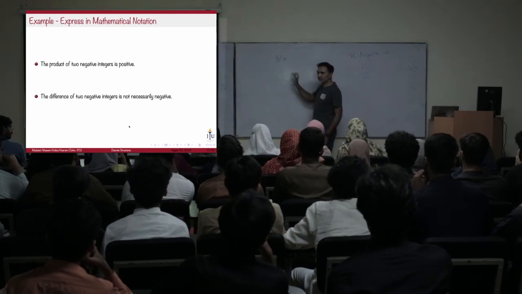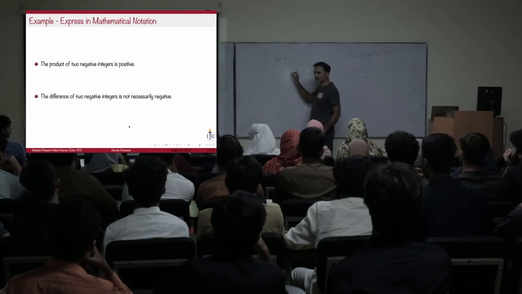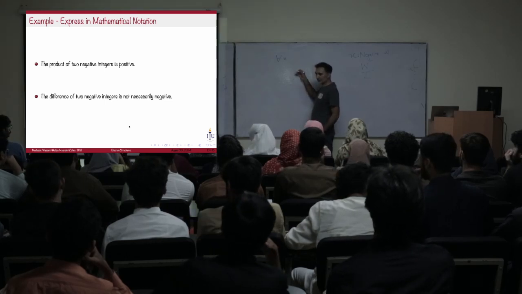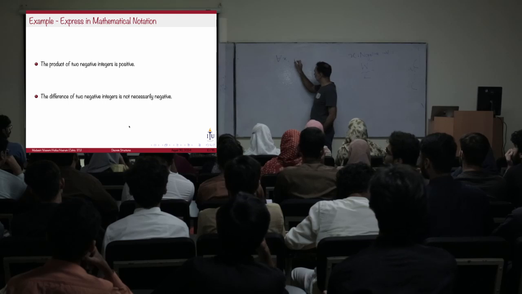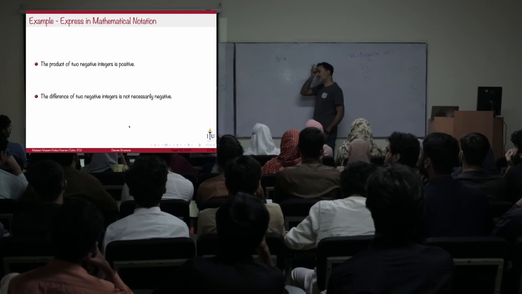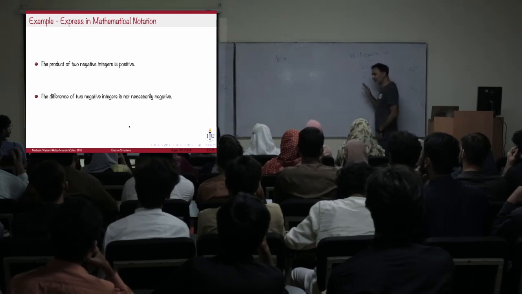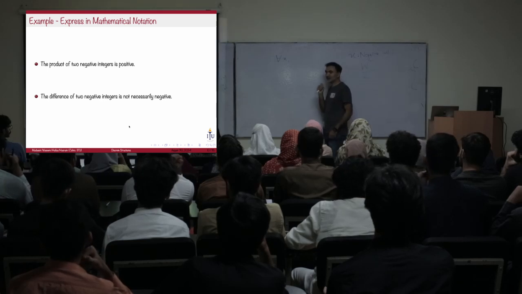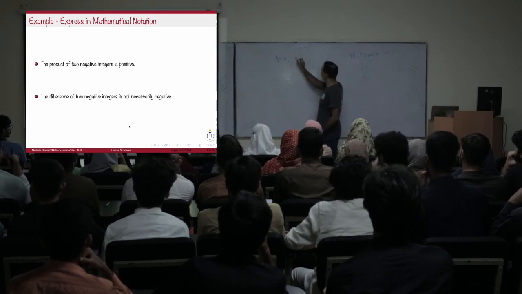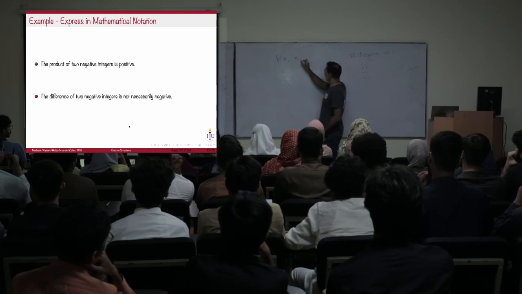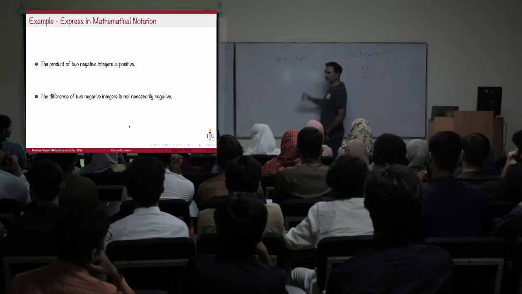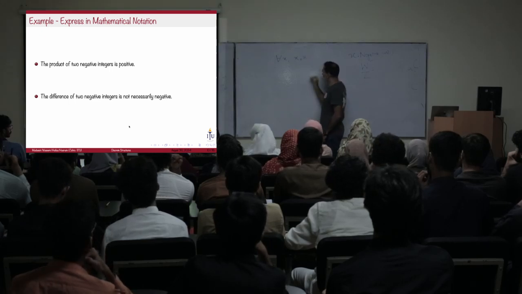For all x, what do you want to say now? Negative x square. So x is already a negative integer. हमने ये define किया ना, यहाँ पे x is a negative integer. X into x is greater than 0.